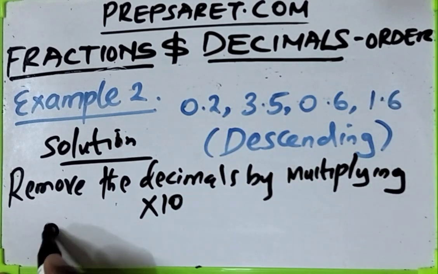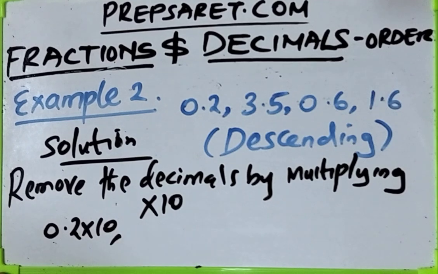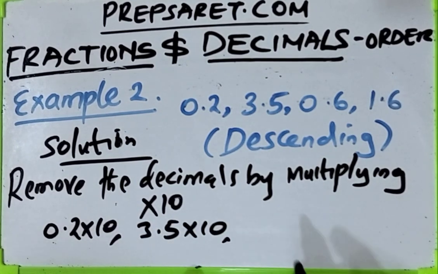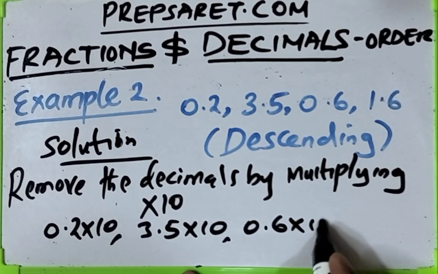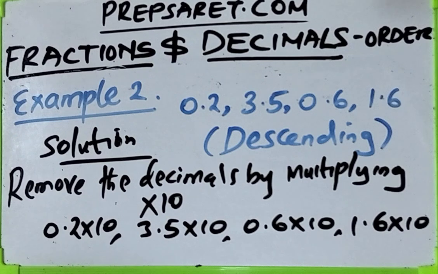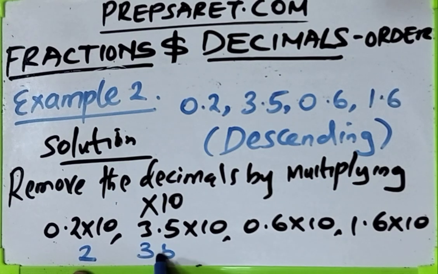So 0.2 times 10, 3.5 times 10, 0.6 times 10, and 1.6 times 10. Reason: we want to make all these numbers whole in such a way that we can easily determine which one is the largest and of course which one is the smallest. 0.2 times 10 is 2. 3.5 times 10 is 35.